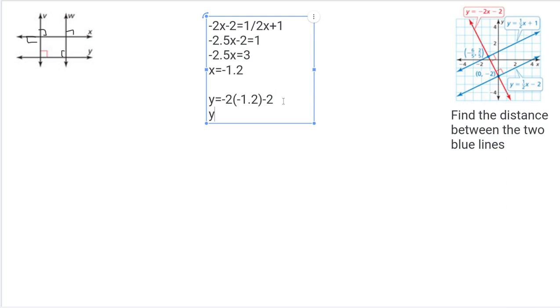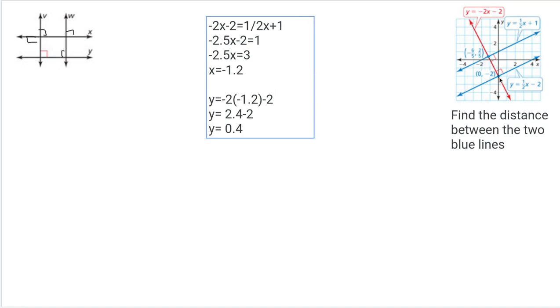So y is equal to negative 2 times negative 1.2, minus 2. Two negatives being multiplied make a positive 2.4, and then minus 2, y is equal to 0.4, which is where they got 2/5. So that's how they figured out this point.